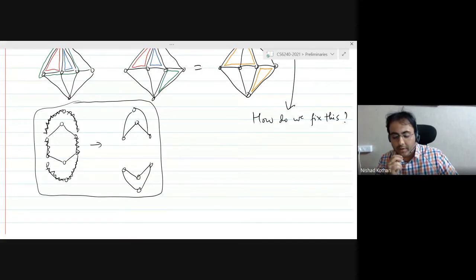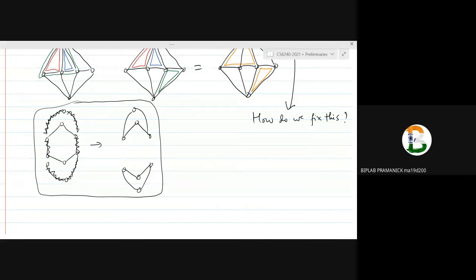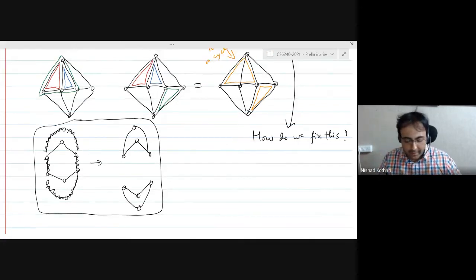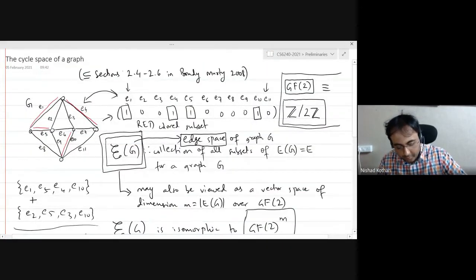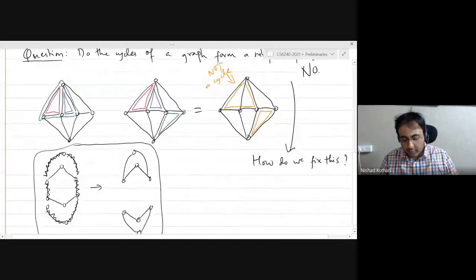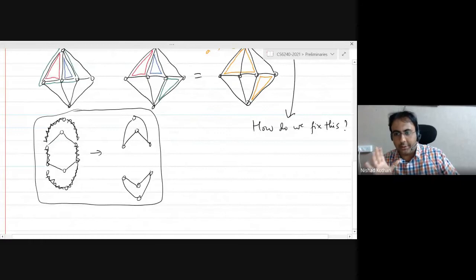We are viewing our subgraphs as sets of edges, and so the symmetric difference is with respect to the edges. That's a good point. It's important to keep in mind that for this entire lecture and for the entire sections 2.4 to 2.6 in the textbook, we are viewing subgraphs as sets of edges. So a cycle is a set of edges, and similarly, all subgraphs are sets of edges. So we are taking symmetric difference with respect to the edge set.